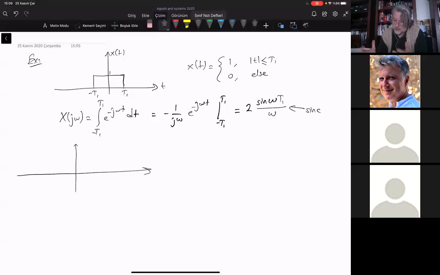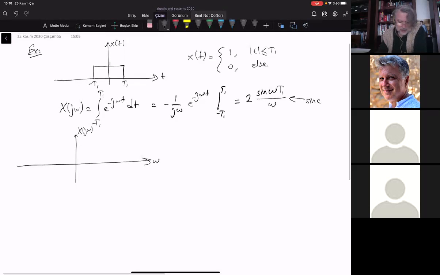There's no complex or imaginary part of it. It's purely real valued. So we can essentially plot x of j omega itself, not the magnitude. The reason that this Fourier transform came out to be a real valued function of omega is because the original x of t is symmetric. It's an even function. Then we know that the Fourier series coefficients and the Fourier transform are purely real.